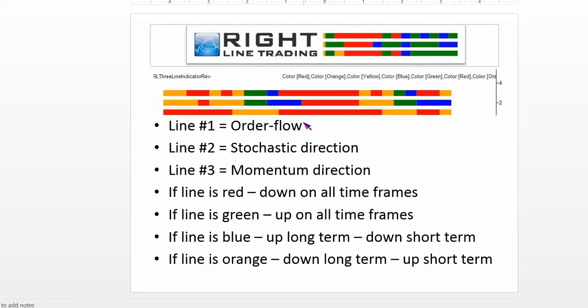Now, we look at order flow, stochastic, and momentum, but we do it on multiple time frames. Everything is done on a fractal analysis basis. We just don't look at order flow on our charting time frame. We look at 2 higher time frames as well, stochastic direction and momentum direction as well. And we project this onto the price bars in a way that makes it very, very simple to comprehend.